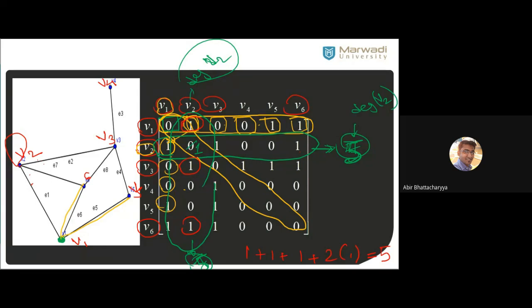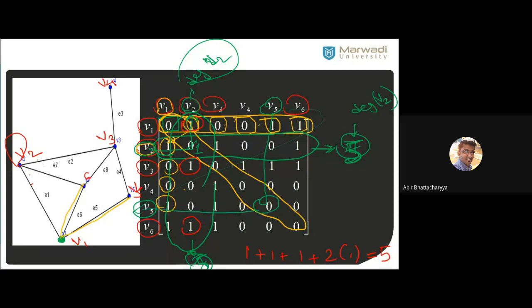Clear? When we are putting it, it will be only on the diagonal. Only for the diagonal, yes, because diagonal means V2 to V2. How can we go from V2 to V2? Through diagonals? V5 to V5, how can we go from V5 to V5?